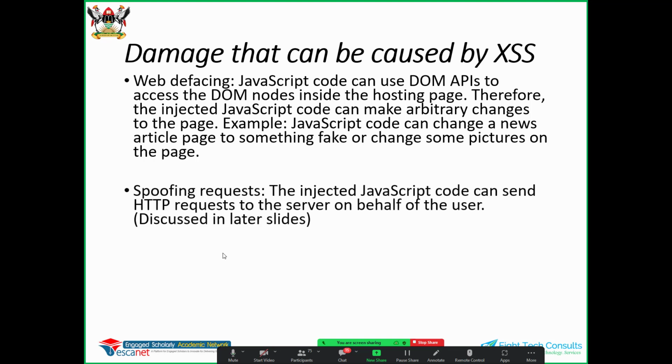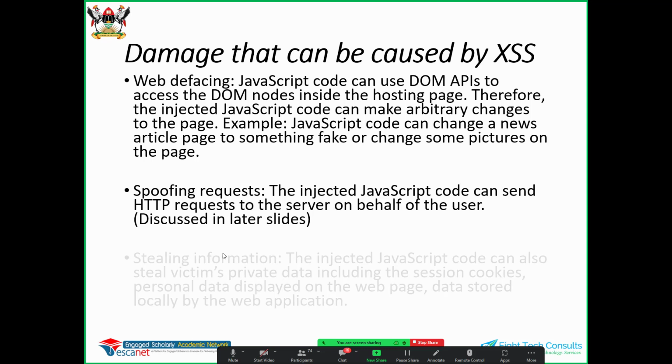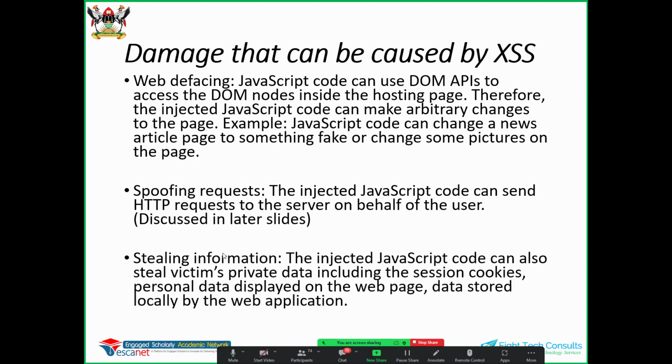Okay, spoofing requests. So the injected JavaScript code can send HTTP requests to the server on behalf of the user. That's what we call spoofing. For example, you ask the user to enter their phone number.